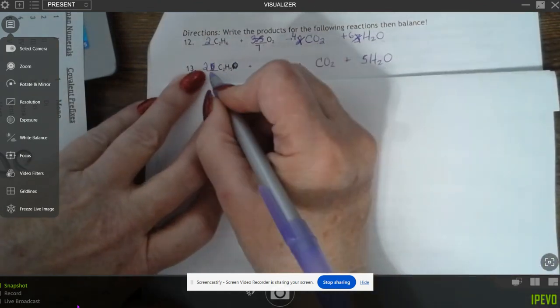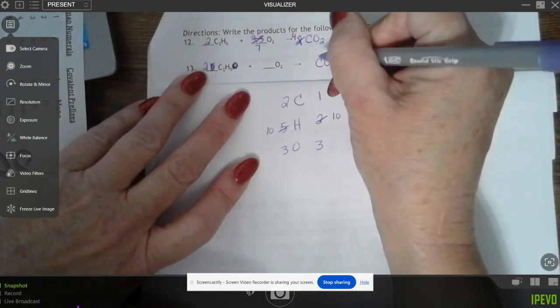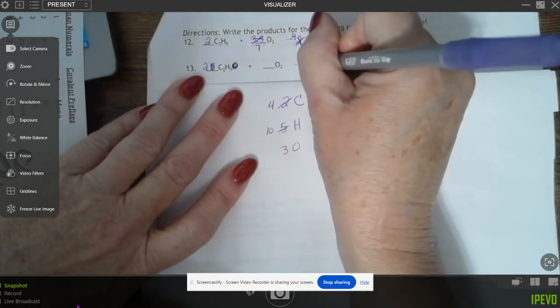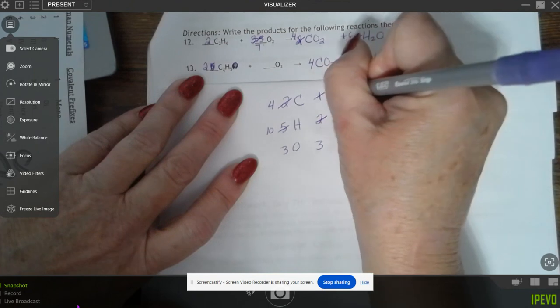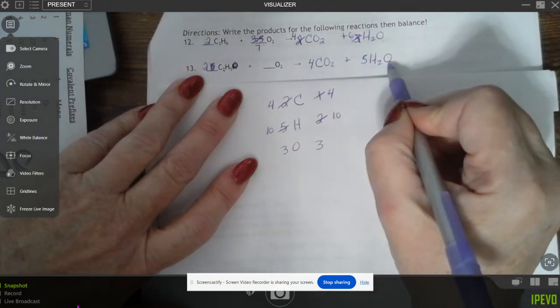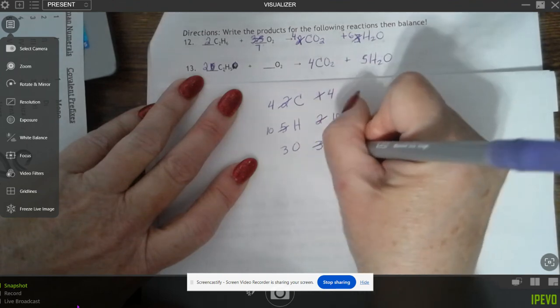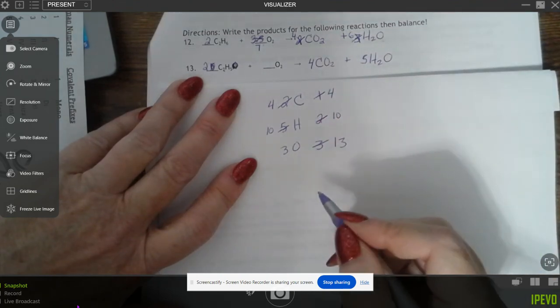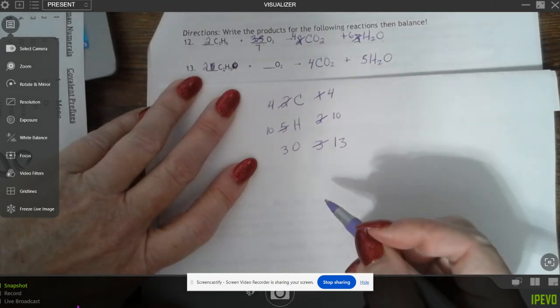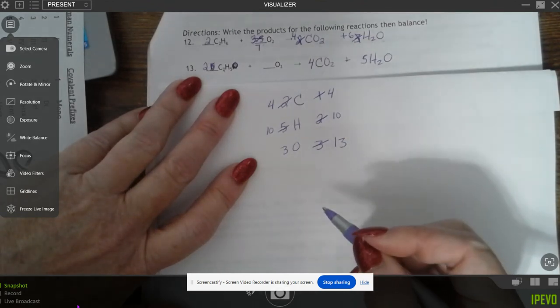Okay, so now we have 4 carbon. And so if we put a 4 here, that gives me 4 carbon. Then we have 8 plus 5, we have 13 oxygen. Oh no, is this one going to be one of those? This one's going to be impossible.